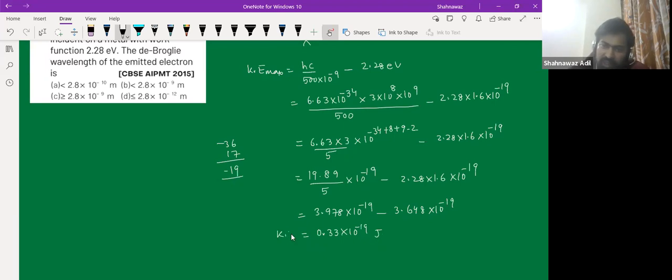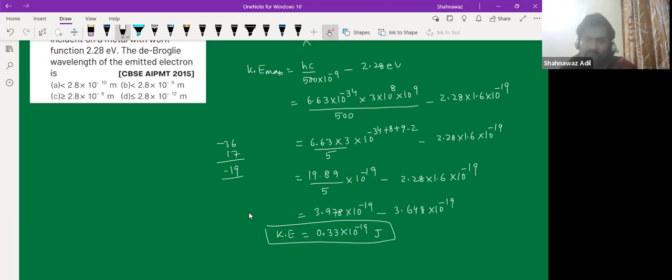This is the kinetic energy. But this question is related to another topic that we have not done.